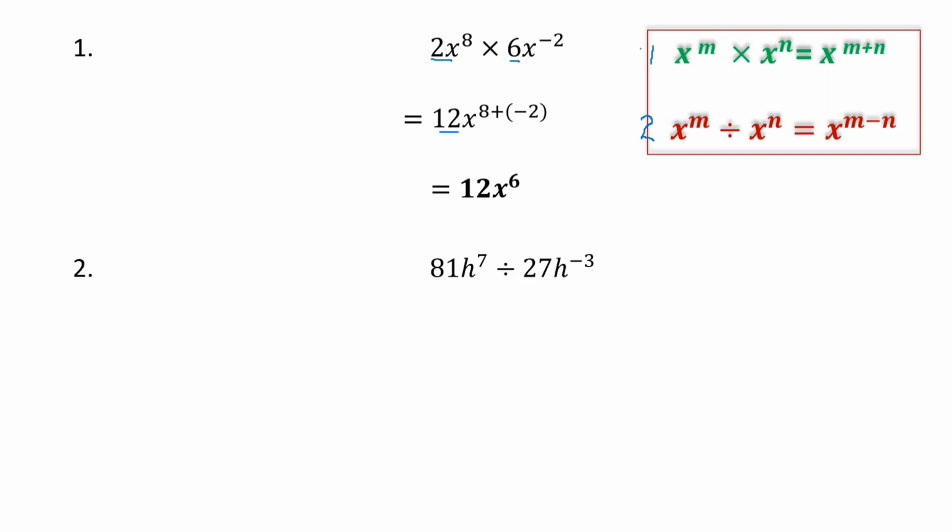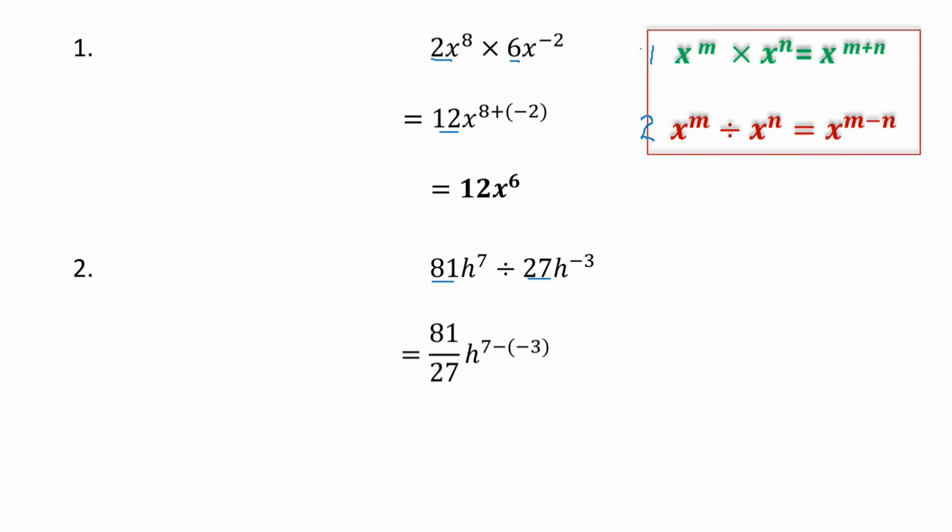81h to the power 7 divided by 27h to the power minus 3. Right, we are applying the second law here. 81 will be divided by 27, like this. 81 divided by 27 is 3.